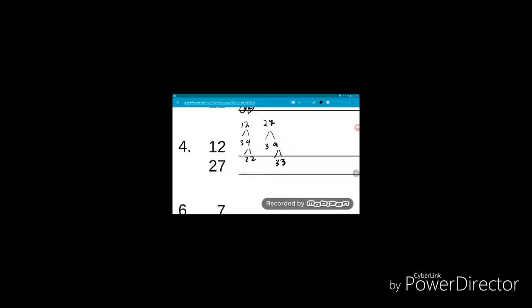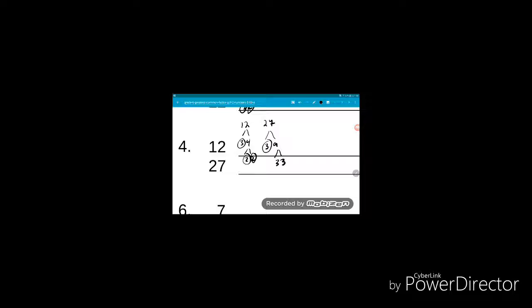Here's the difference. This has 1, 3. This has 1, 3. This has 1, 2. This has no 2. This has another 2. No other 2.